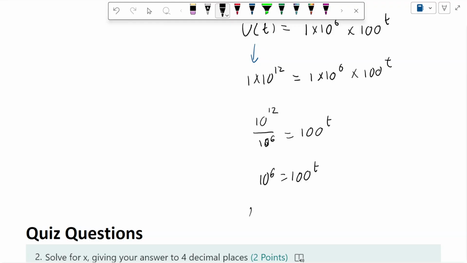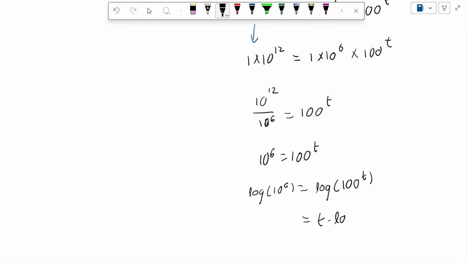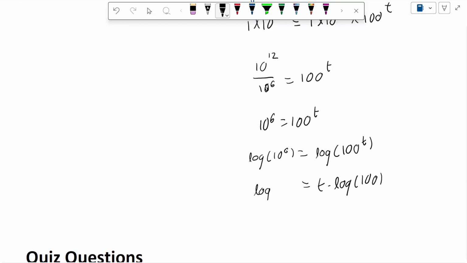So we're going to get the log of 10 to the 6 is log of 100 to the power of t. So if you rearrange that, you can pull t out the front. t log of 100 is log of 10 to the 6. And then t would be log of 10 to the 6 over log of 100, which is 3.